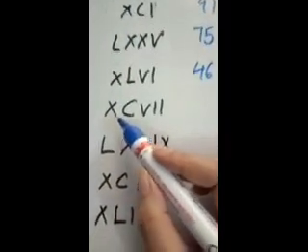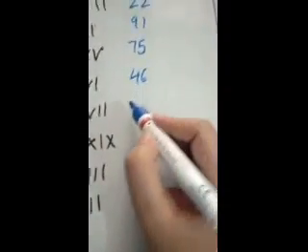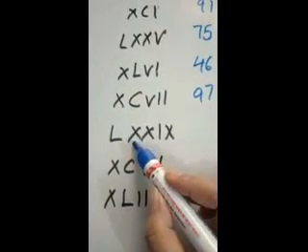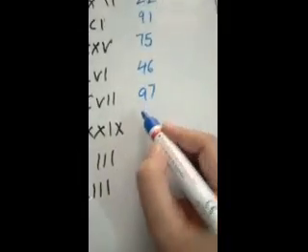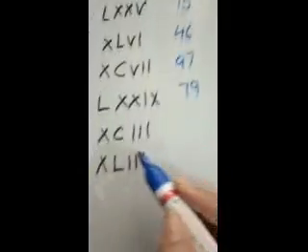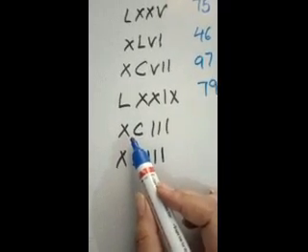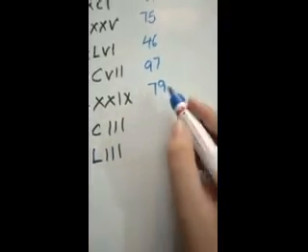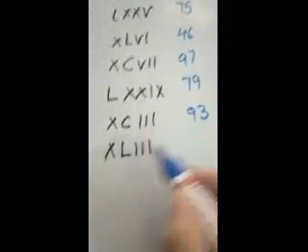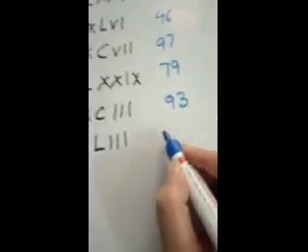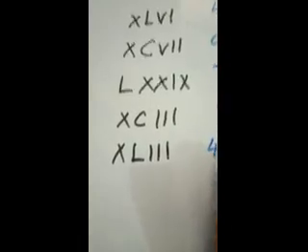XC is 90. 90 plus 7. 97. 50, 60, 70 and 9. 79. XC is 90. 90 and 3. 93. XL is 40, 40 plus 3, 43.